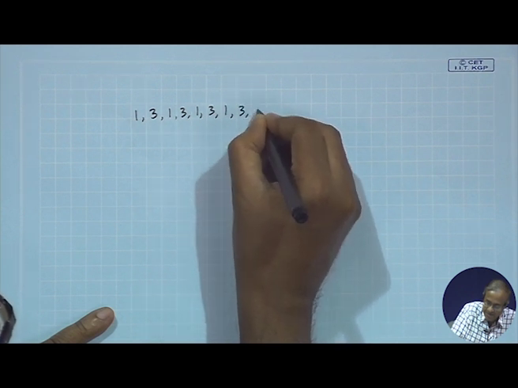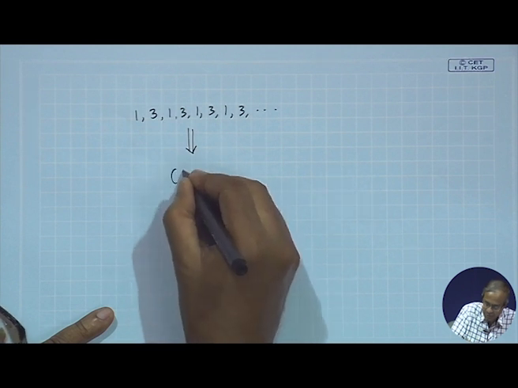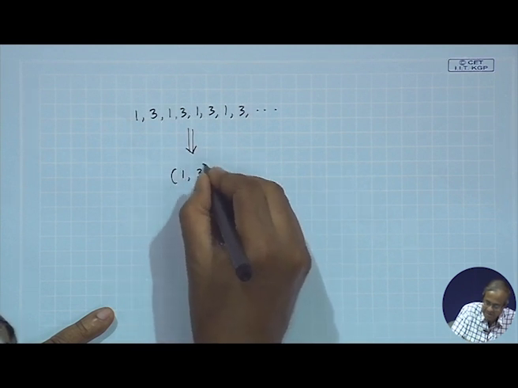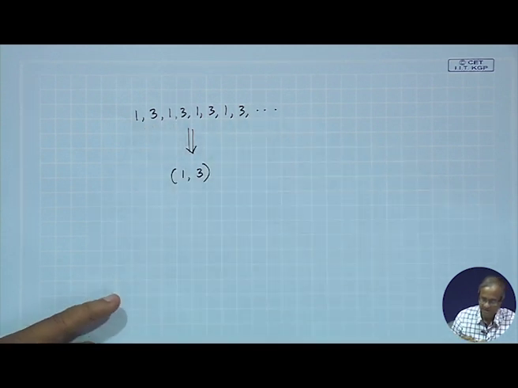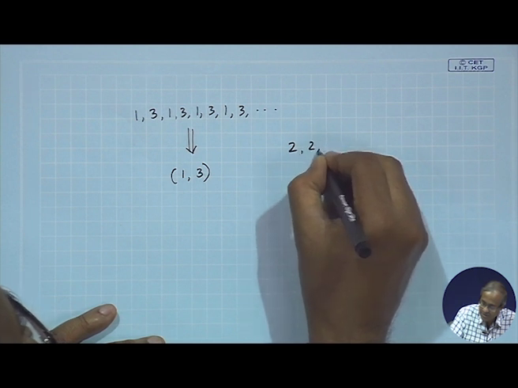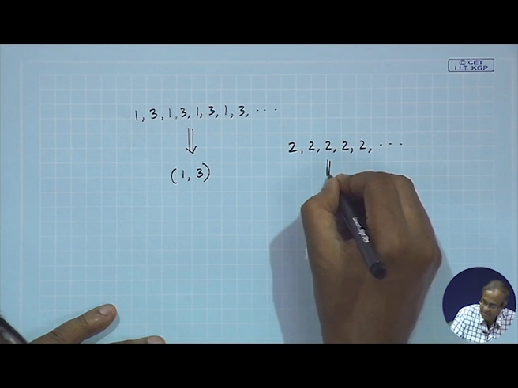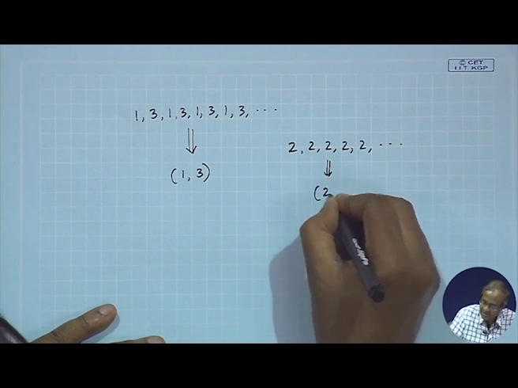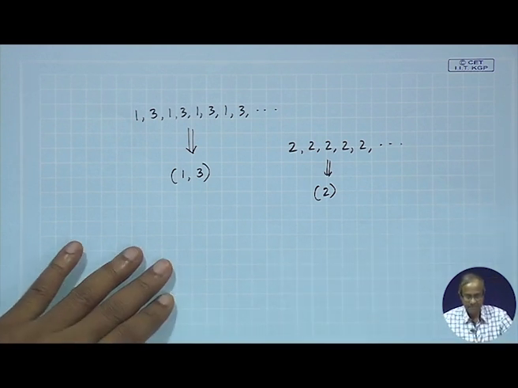We can write in a compact notation that it is a latency cycle (1, 3). This 1 3 will be repeating indefinitely. Similarly, if I have a case where the same latency 2 2 2 2 2 is to be used, I can write it as a latency cycle containing a single latency, 2.